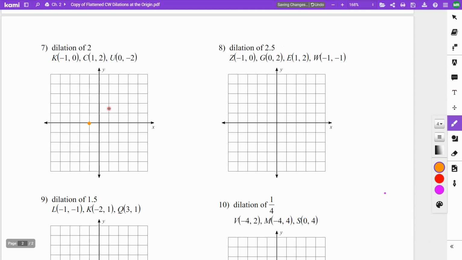I have a point at 1, 2. I have a point at 0, -2. So I'm gonna draw these out. This is my K. This is my C. This is my U. Connect them.